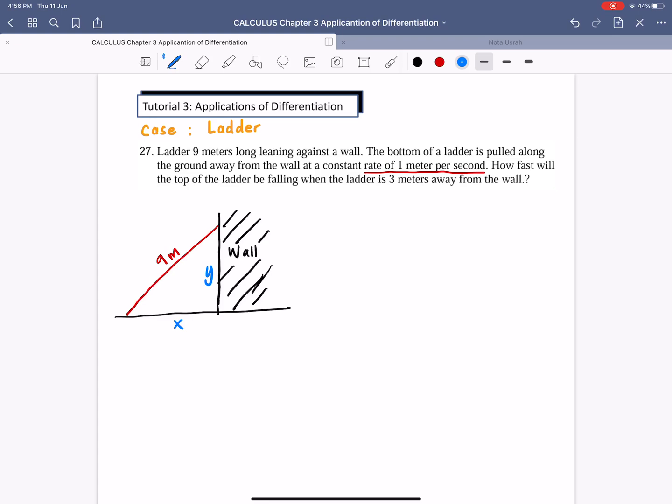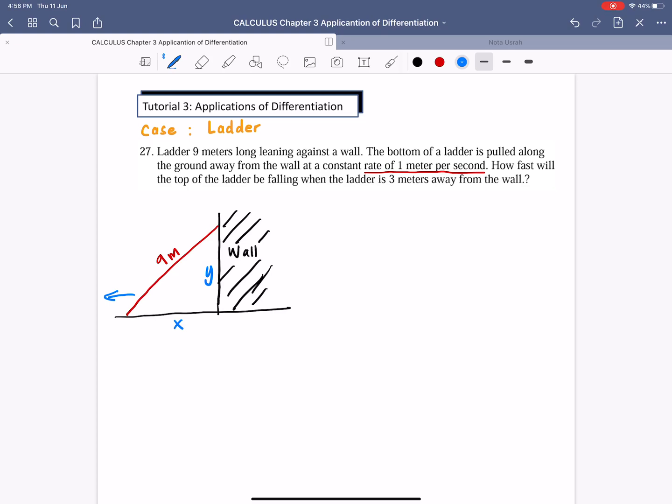Based on the second sentence, the bottom of the ladder is pulled along the ground away from the wall at a constant rate. When you pull like this, then what happens? The y value will decrease and the x value will increase.